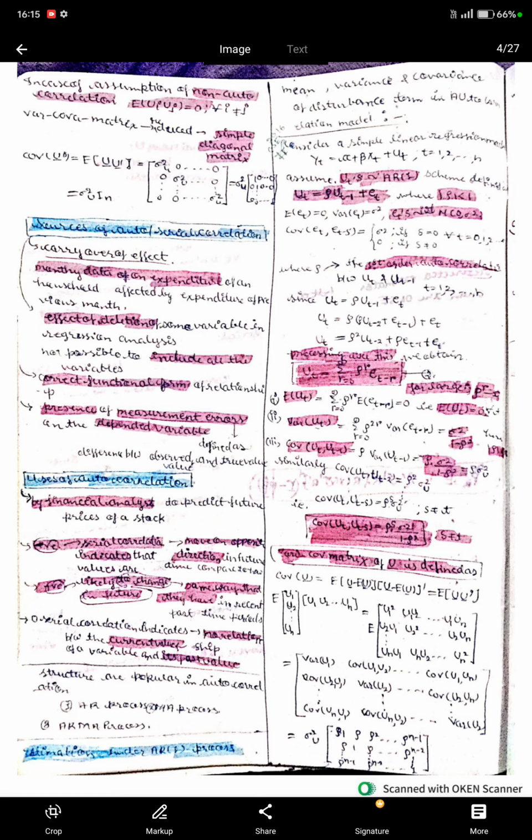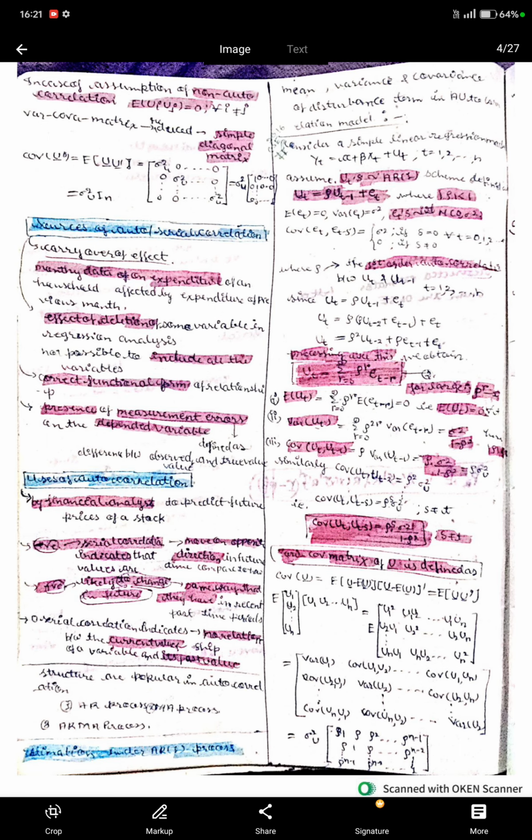where rho is the first order autocorrelation between ut and ut minus 1, where t takes values 1, 2 and so on to n.